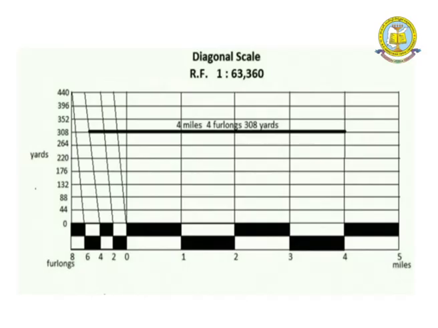From here draw a straight line, from here draw a straight line, and extend it up to it, and draw a 10 centimeter line, and you have measured 4 miles, 8 furlongs and 320 yards on the graphical scale. This is the construction of the graphical scale.